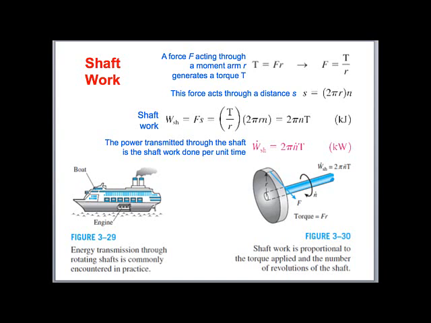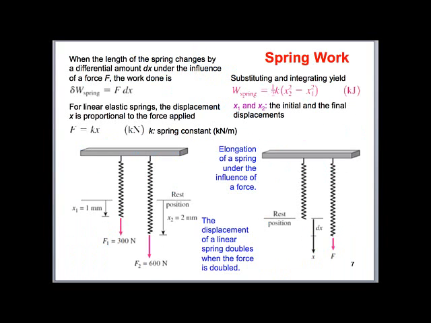If we wanted kilowatts, we would take the revolutions per second or revolutions per minute and convert the units accordingly. We may also deal with some spring work, where we have a spring constant times the amount that the spring was displaced. That would give us the amount of force exerted to move that spring. The work is going to be the amount of force times that displacement.